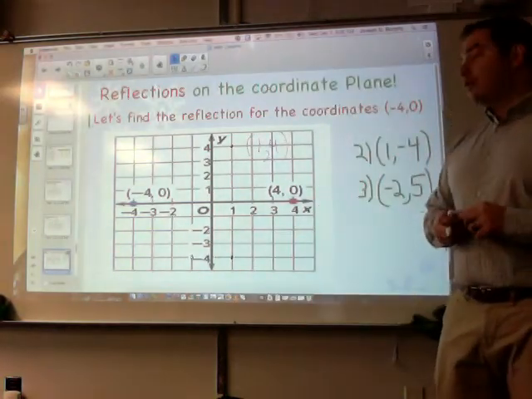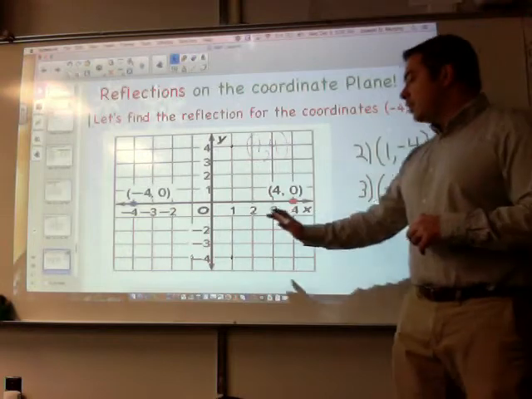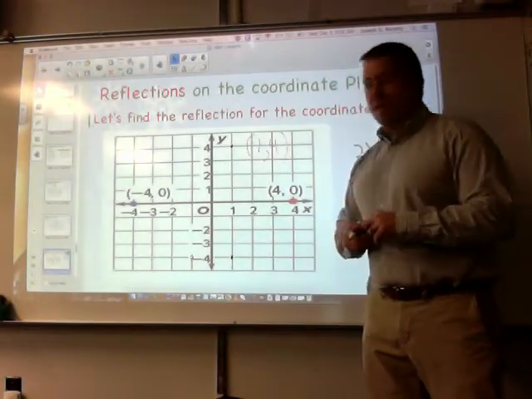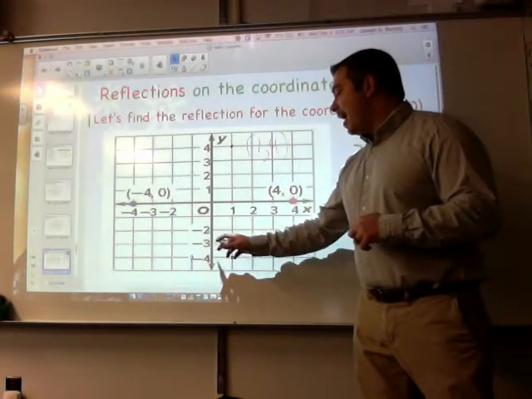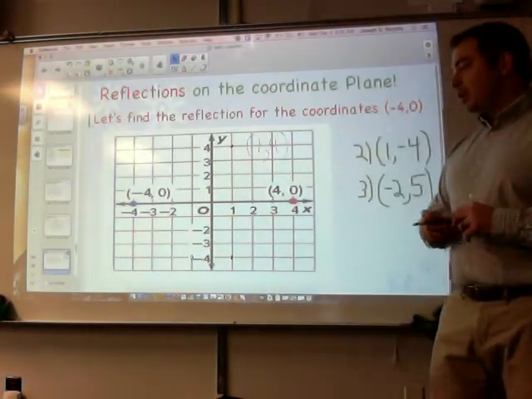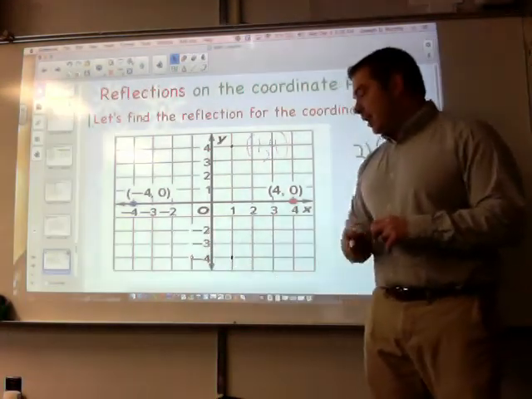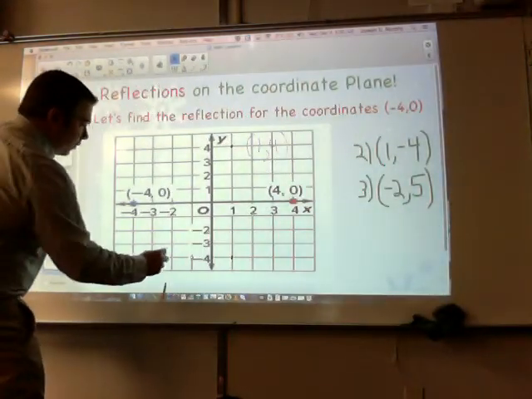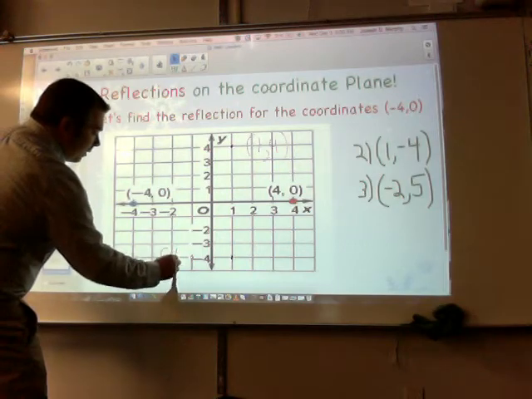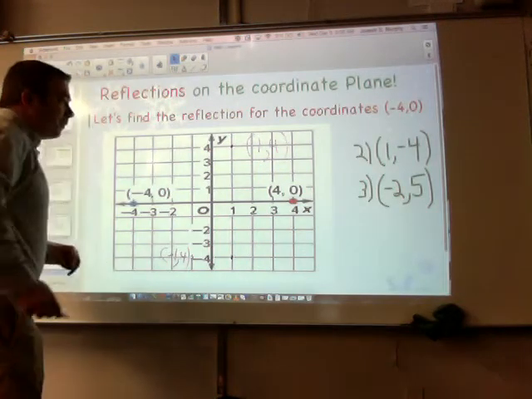And when you reflect across an axis, you are just switching the one number of that axis. This time I did the y, so that's why my x is going to change, but my y is going to stay the same. So this coordinate right here would be, my x is going to be -1, and my y is going to be 4.